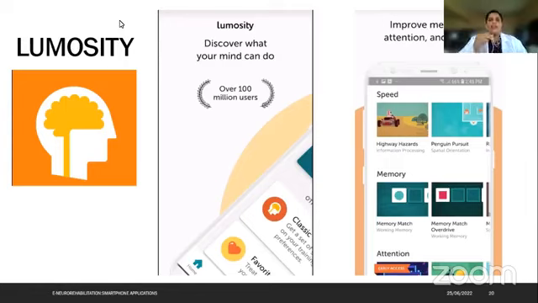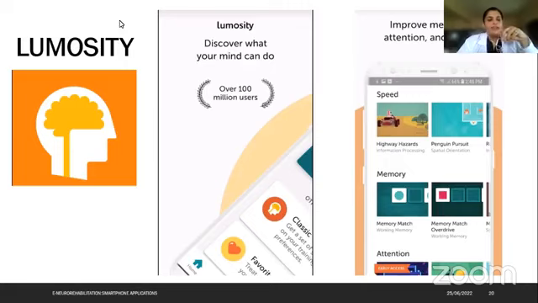Lumosity has another aspect, which is intervention: exercise-based cognitive training, and it trains various cognitive functions like mathematical skills, spatial perception, speed, memory, and attention. There are much simpler games compared to Cognifit. This application is also paid.